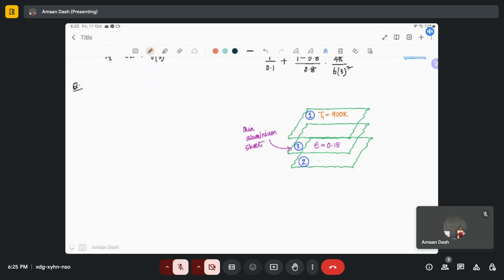So, like this, we have three aluminum sheets. So this is say one. This is second aluminum. This one is, let's say, two, and this one is the third one.